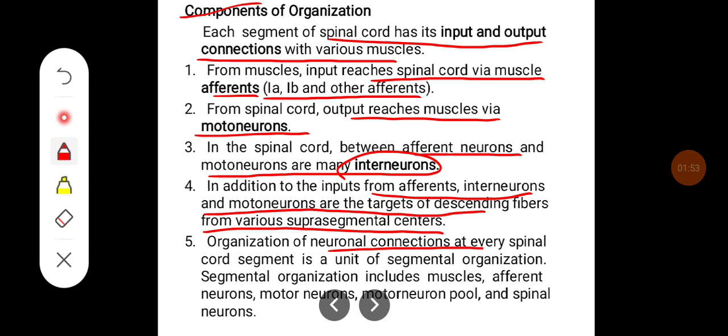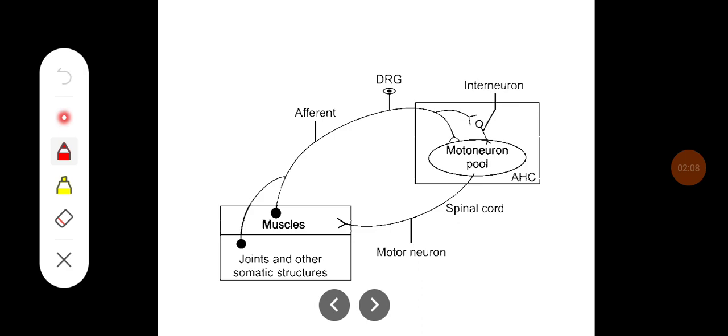Organization of neuronal connections at every spinal cord segment is a unit of segmental organization. Segmental organization includes muscles, afferent neurons, motor neuron pool, and spinal neurons. So this is the diagram of one segmental organization.